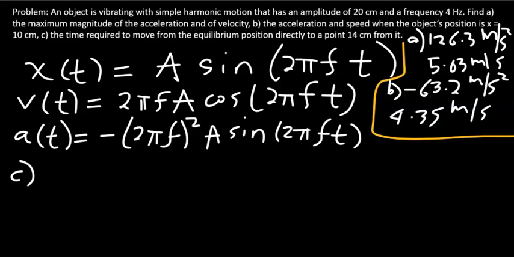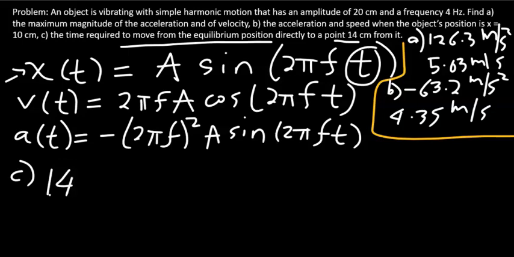Now part C, the time required to move from the equilibrium position directly to a point 14 cm from it. So when x is 14, what is the time? That is what is being asked. So substitute x equals 14 for the x. Amplitude is 20.